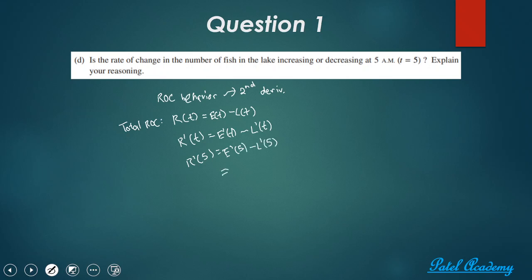And then plugging that into my calculator, I get negative 10.7228. Alright, so what do I notice here? Well, this value is less than 0, and thus R(t) is decreasing, and thus the rate of change is decreasing.